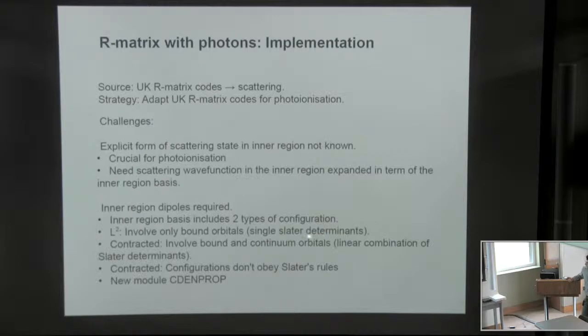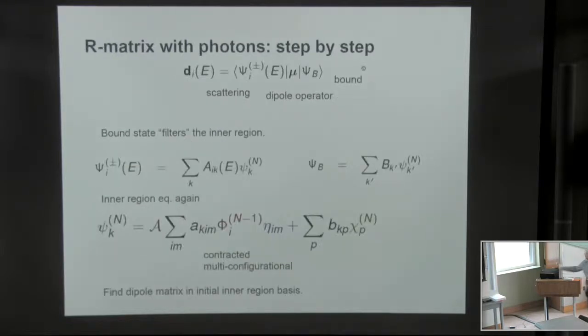So what this means is that we can't use the existing dipole code for calculating bound transitions, because these contracted basis functions don't obey Slater's law. So this has led to a new module called CDEMPROP. And I'm just going to describe how this works. This is quite technical detail.